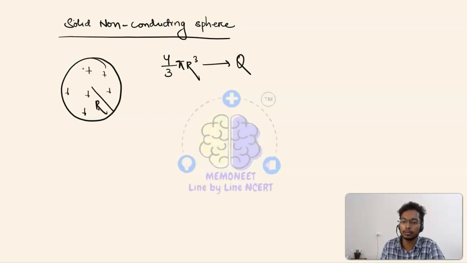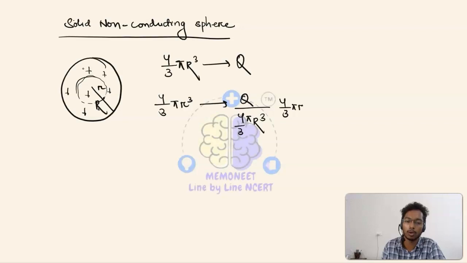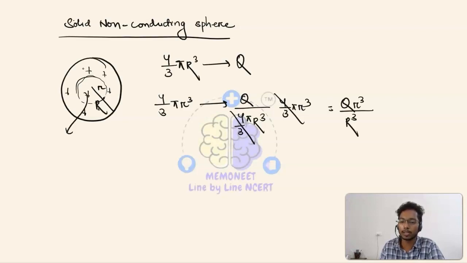Now we take a small sphere inside it at distance r. For radius r, the charge will be q upon 4 by 3 pi capital R cube into 4 by 3 pi small r cube. This will cut down, and we have q r cube upon capital R cube. This much charge is present in this small sphere.